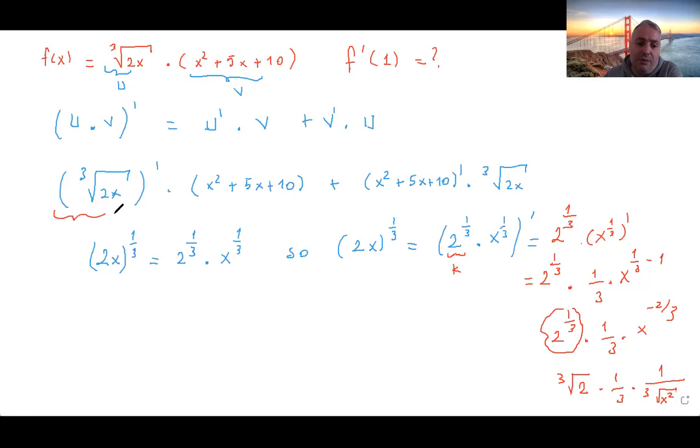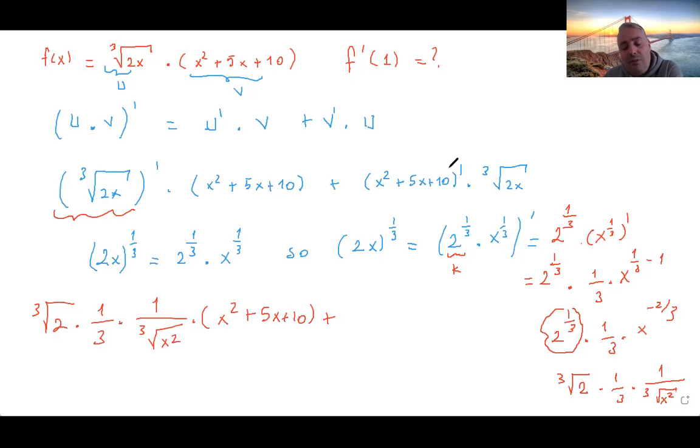The derivative of the first one we have just calculated: cube root of 2 times 1 over 3 times 1 over the cube root of x squared, times the second function itself, plus the derivative of the second function.